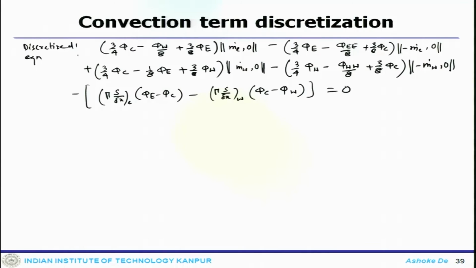Then the discretized form will again look similar, but the final discretized form will have different coefficients. So, it will be A E phi E plus A W phi W plus A E E phi E E plus A W W phi W W.